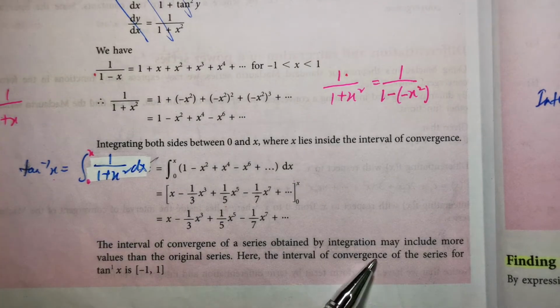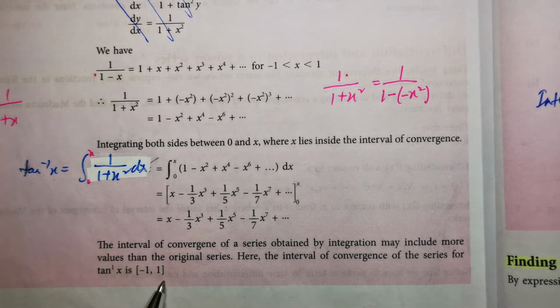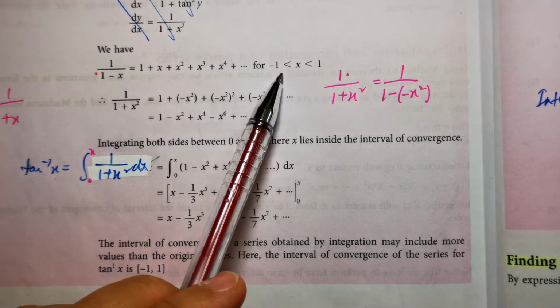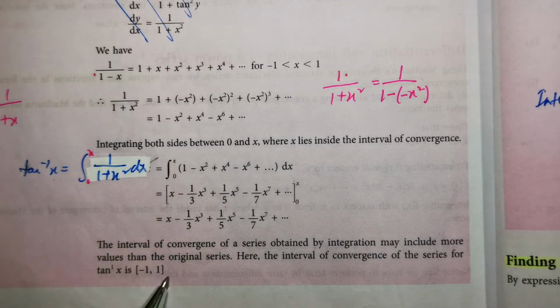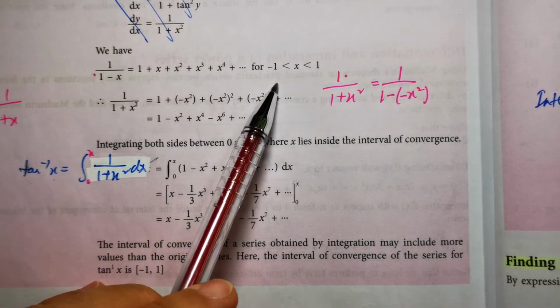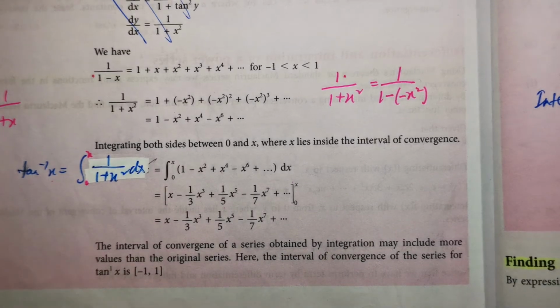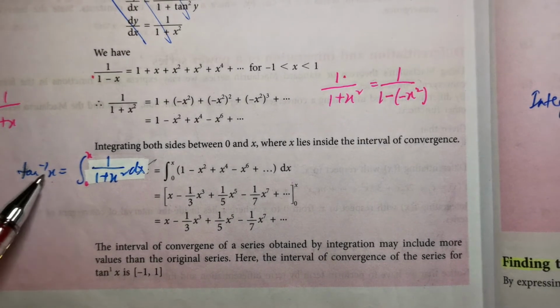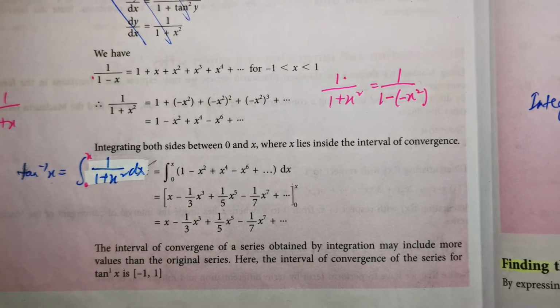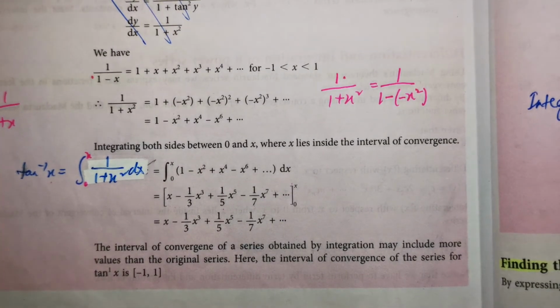Here, the interval of convergence of the series for this one is -1 and 1. Same as this, but with something extra: it includes -1 and 1, whereas before, it did not. This one includes them because we know that arctangent is defined at 1 or -1 in the function.